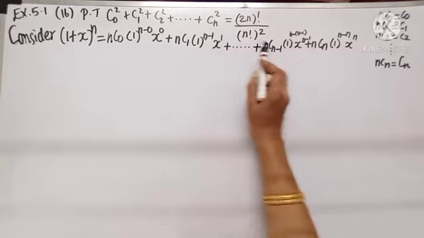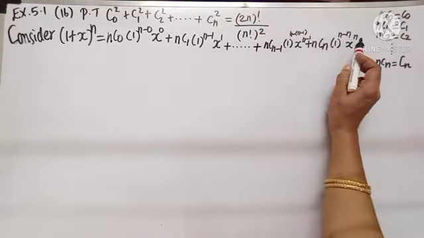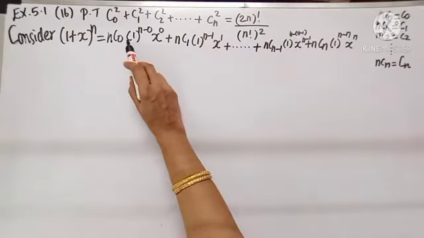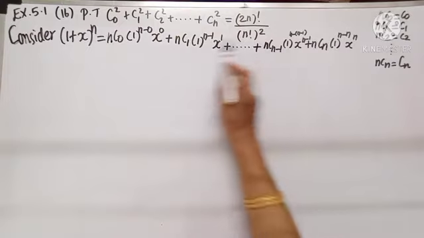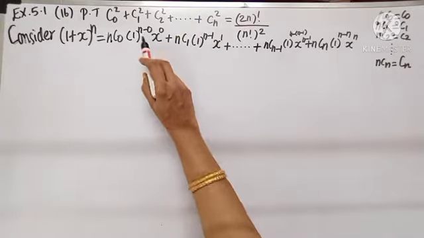X powers keep on increasing 0, 1, 2 up to n, the previous number being n minus 1. In the first term, the power of 1 keeps on decreasing. 1 power any number is 1.